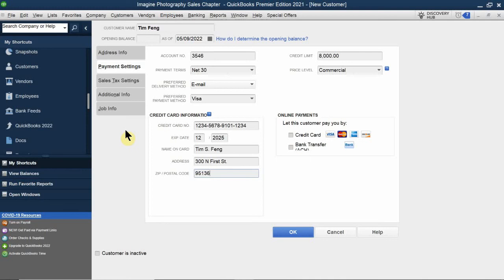Tim Stephen Fang. How about if you put them in and the name, wouldn't they have different addresses? It doesn't matter what information you put on each profile. What matters is what you put in the customer name, because QuickBooks is going to do a search, right?